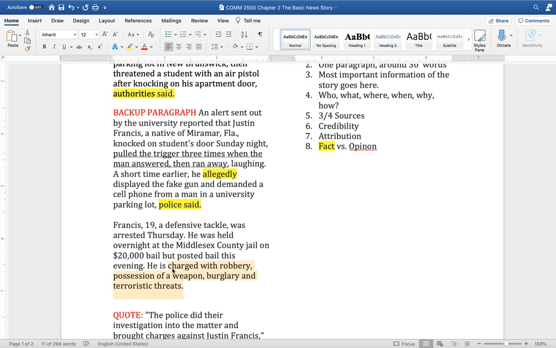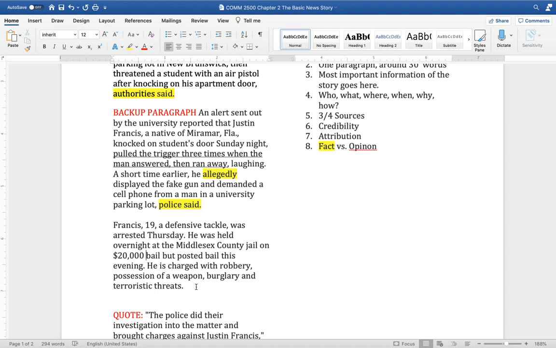The district attorney went before a judge and said, we are charging this person with these crimes, right? That bail was set at $20,000 is not an opinion. It's a fact. And facts don't need to be attributed, right?